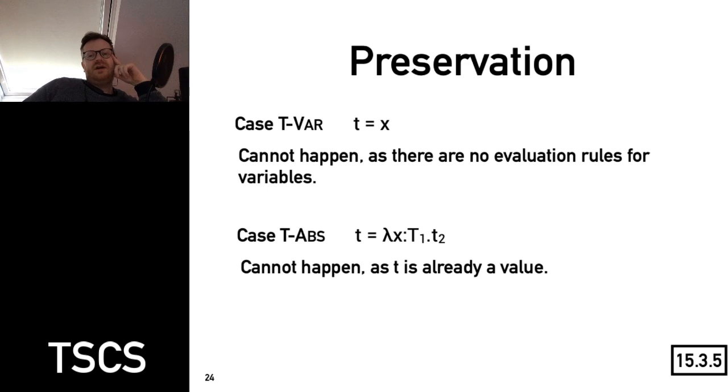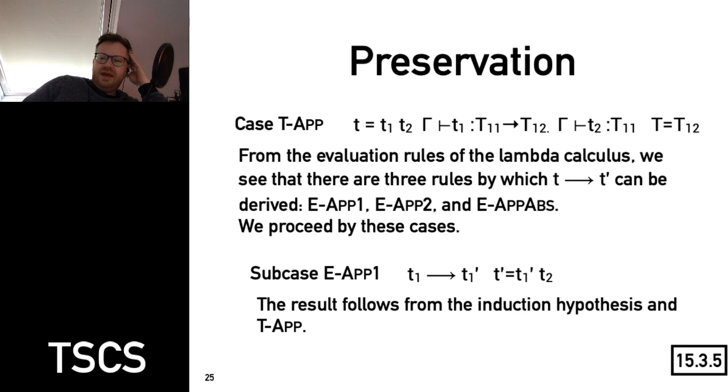So for the T-Var case, we don't have evaluation rules for variables, so we don't need to preserve things. And T-Abs, we also don't need to talk about this because t is already a value. T-App, application. That means from the evaluation rules of the lambda calculus, we see that there are three rules by which t can progress to t prime, which are E-App1, E-App2, and E-AppAbs.